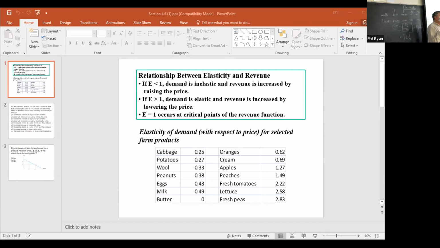So it's not only the good itself, but how the good is positioned within the market. So this elasticity gives us lots of information about the market. Okay, so here was our example. We figured out the elasticity of those.